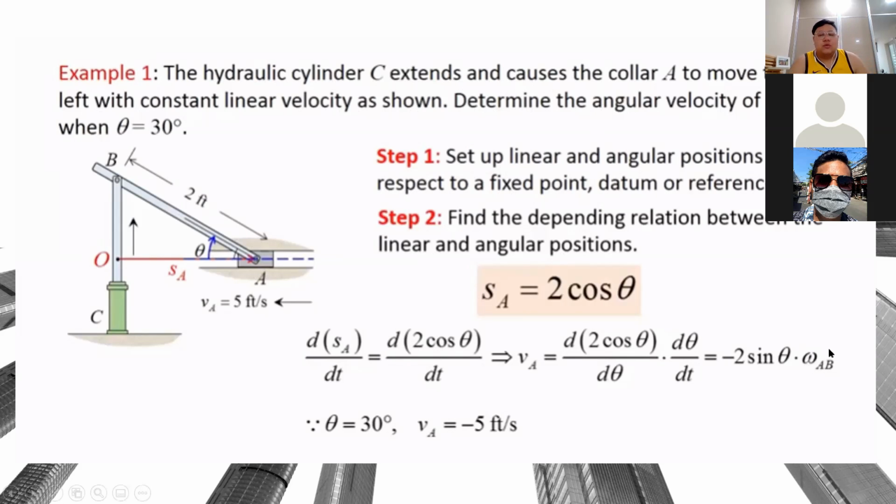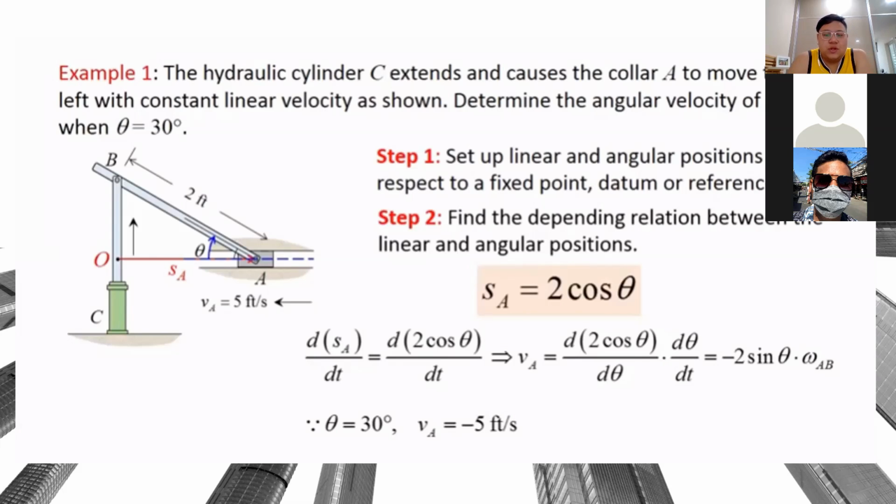Okay, so how do we get omega AB into this equation? So we know that VA equals negative 5 feet per second, and in order to do so, we have to do some swapping of unknowns. So how do we do that?